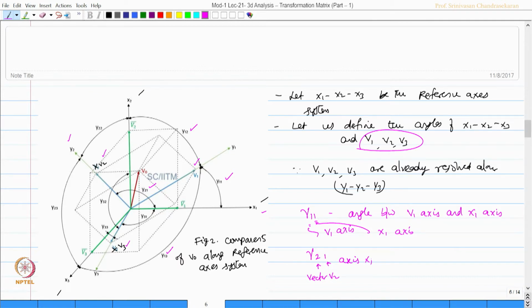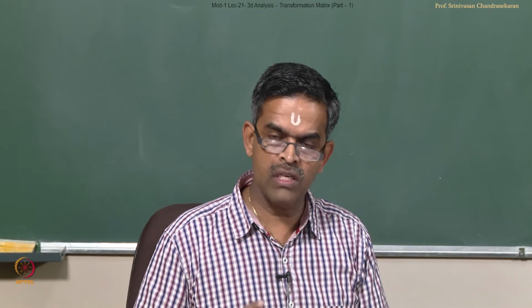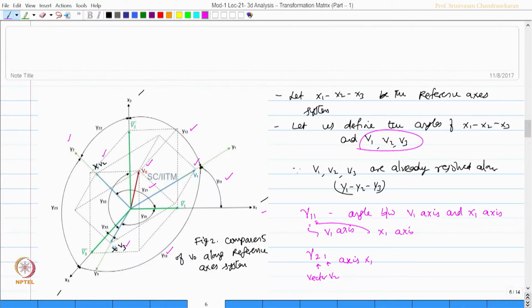So, this figure explains or defines all angles between the respective vectors v 1, v 2 and v 3, which were resolved along some coordinate axis system y 1, y 2, y 3, when a position vector v 0 is placed in space.